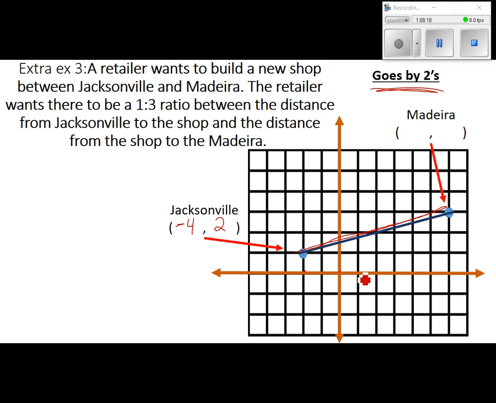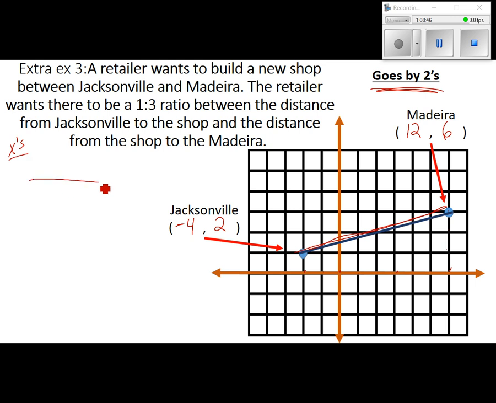With Madeira, I go out 1, 2, 3, 4, 5, 6. So 6 times 2 is 12. Up 1, 2, 3. That's 3 spaces times 2 is 6. So 12, 6 is the point for Madeira. Then I'm just going to do my X's and Y's just like we did on the others.